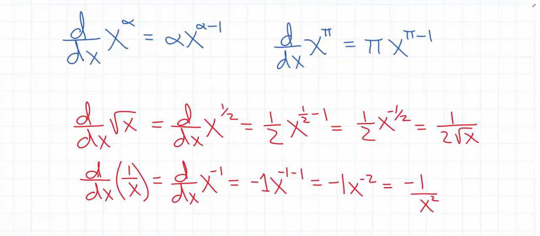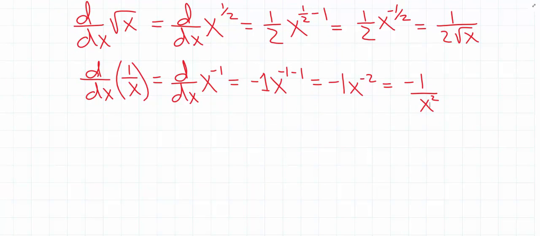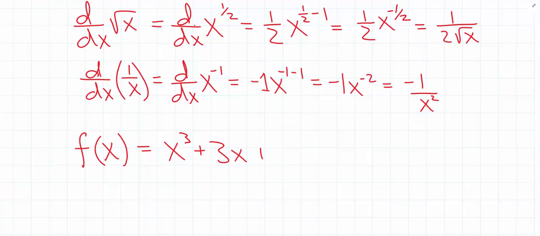Now, there are a lot of functions that we can differentiate just with this. And some of them don't look like it at first. For example, maybe we have a function that looks like this: x cubed plus 3x plus 4, over, let's say, x.